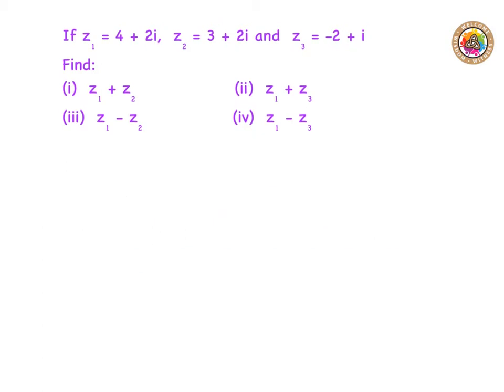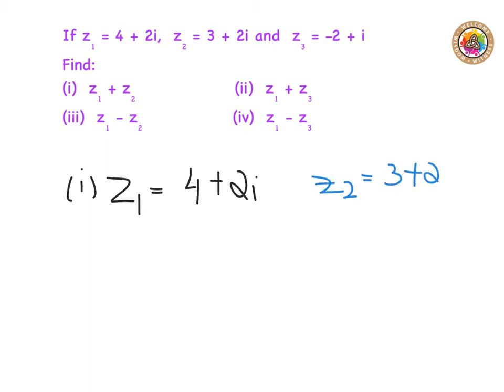Okay, so here we're going to do question 1 together, and we're asked to find z1 plus z2. And we know that z1 is equal to 4 plus 2i, and z2 is equal to 3 plus 2i.